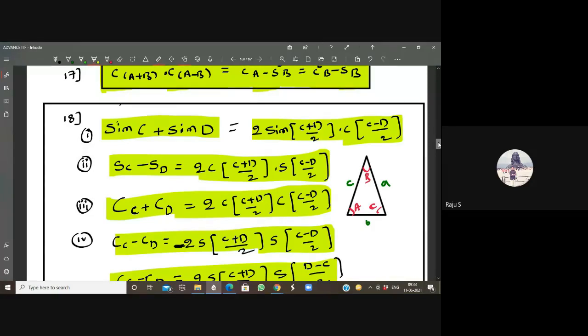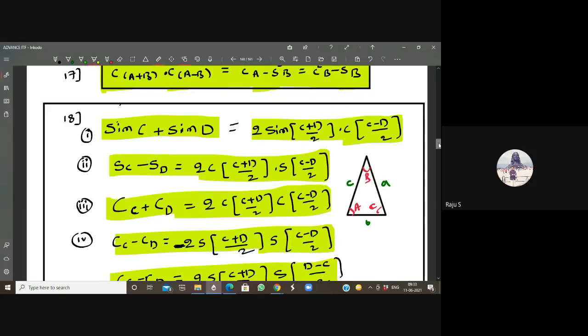We can convert it into a single function. Then we are going to get standard values like 30, 60, 90. In those cases, we can use these formulas.